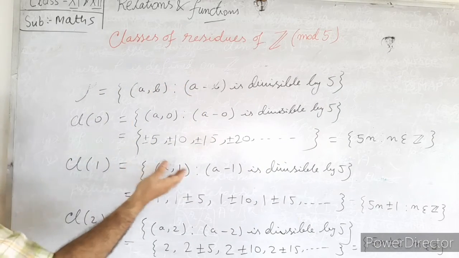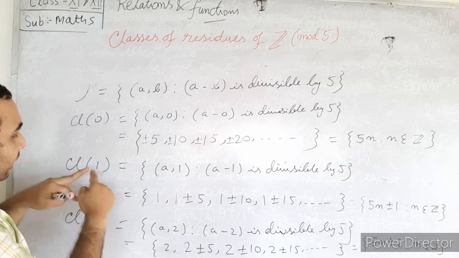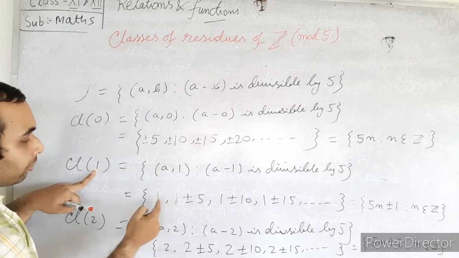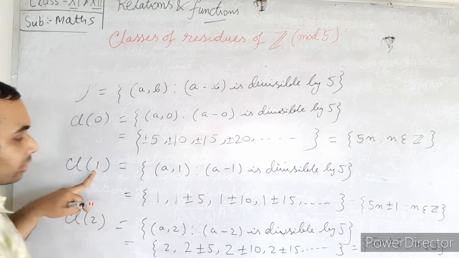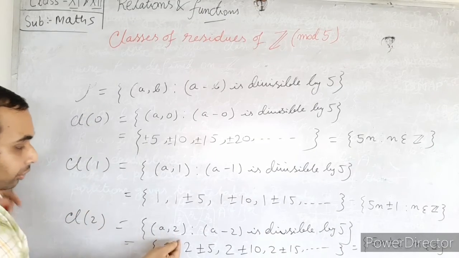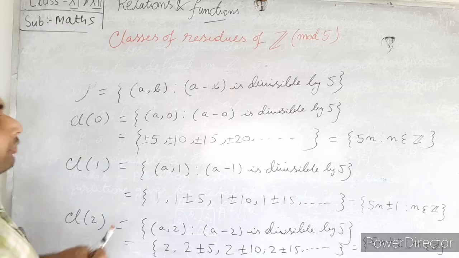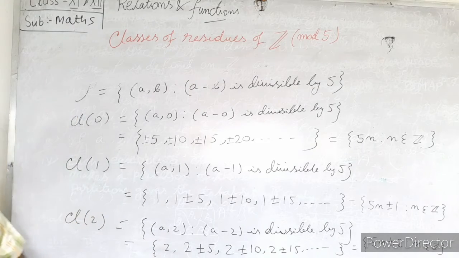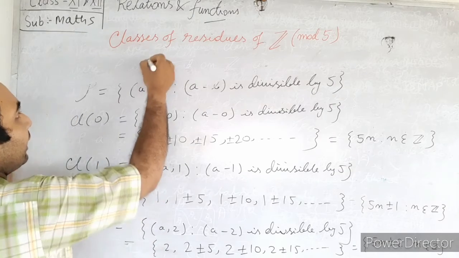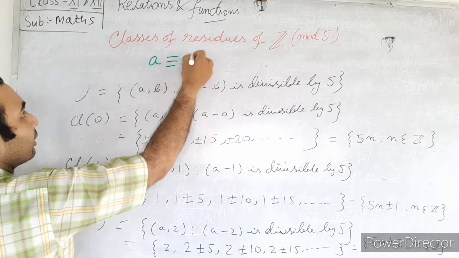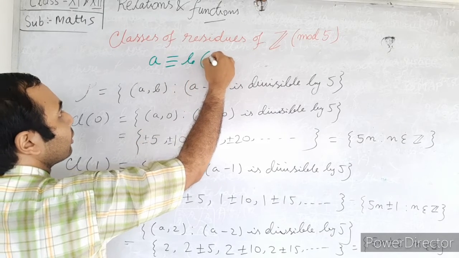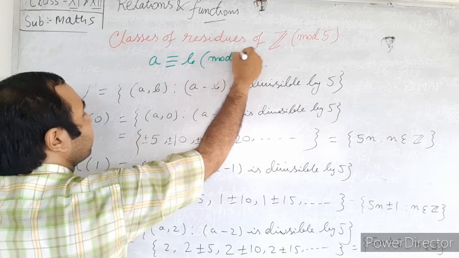Why the residues? Because you are seeing the residues we are taking here. Class of 1 means 1 is the residue of those. Class of 2, here 2 is the residue of those. So that's why it is called the classes of residues of Z mod 5. It can be denoted as a ≡ b mod 5. What does this mean?